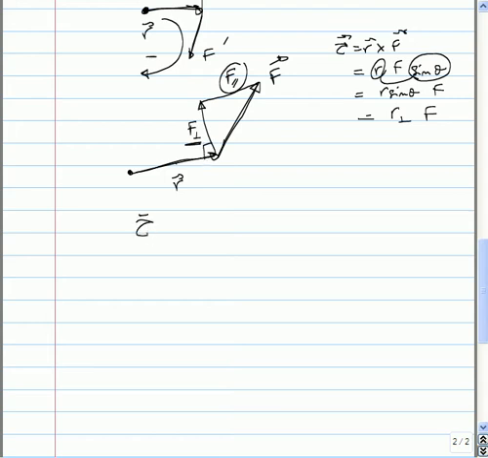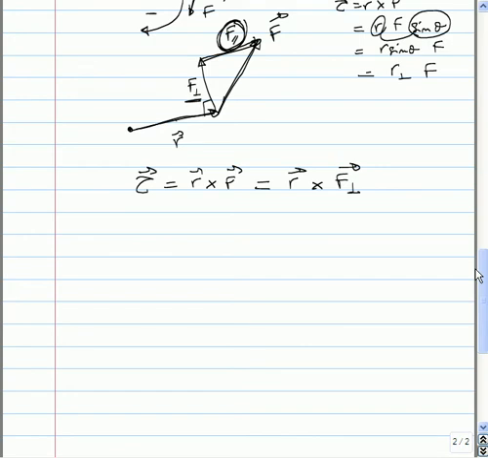So really, to calculate the torque, r cross f, all you have to do is take the cross product between r and f perpendicular. Again, f parallel will not give you any value for the cross product, because f parallel is actually parallel to r, and two vectors being parallel will give you a zero cross product.